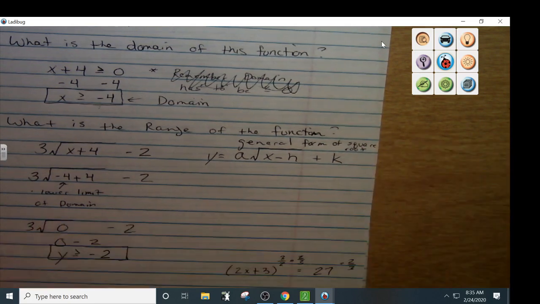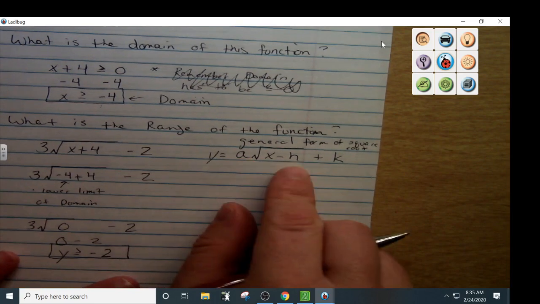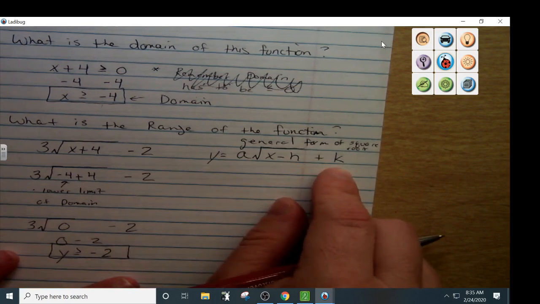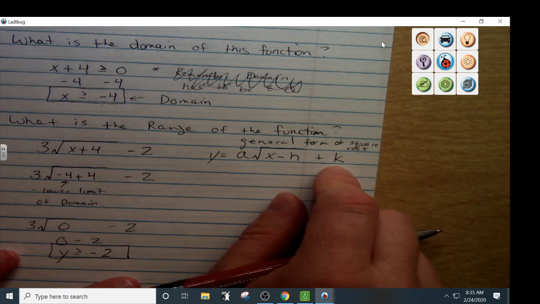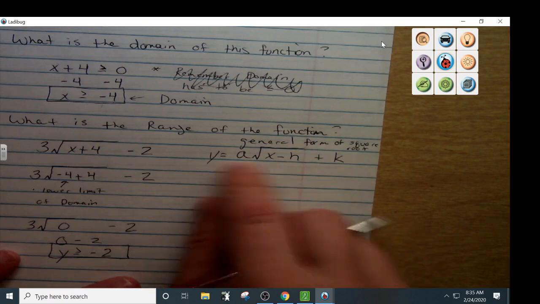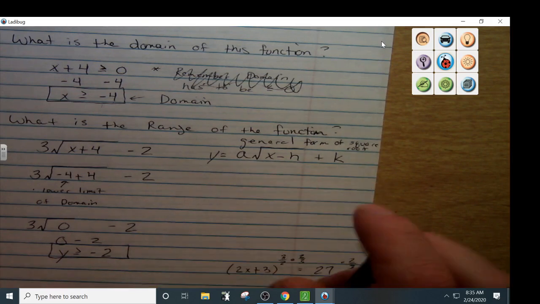That's the general form of a square root function. A times the square root of x minus h, plus k. Okay. That should look pretty familiar. That almost looks like vertex form of a quadratic. What Mr. Robinson was saying earlier. Okay.